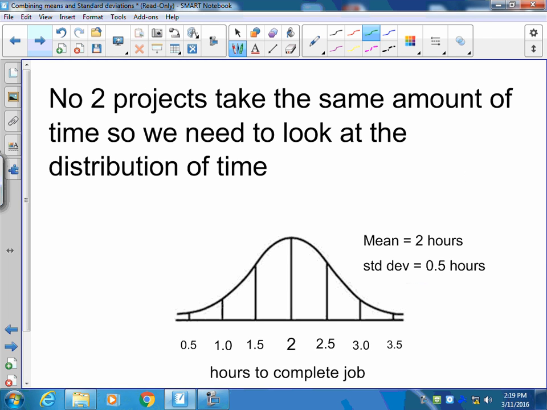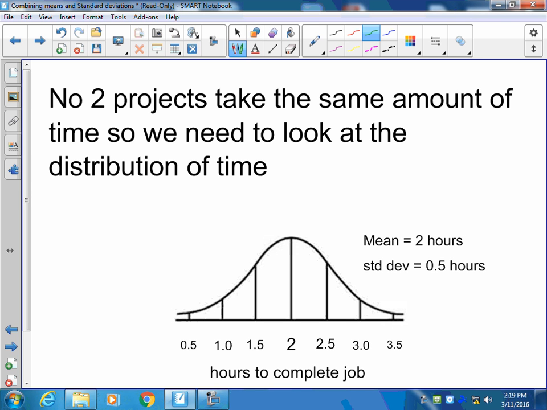Now, one thing we have to understand: no two of these projects, no matter how good the person working on the vehicle, is going to take the same amount of time. If we look at the fender flares project, that job has a mean value of 2 hours with a standard deviation of 0.5.